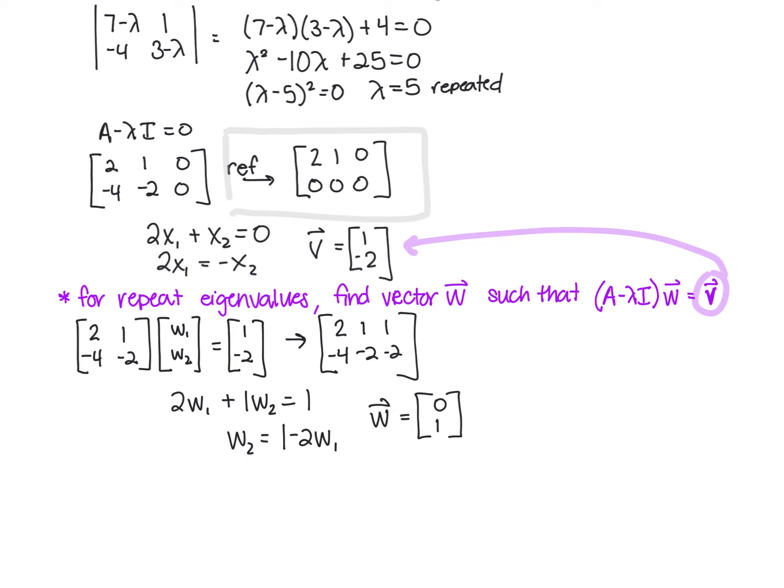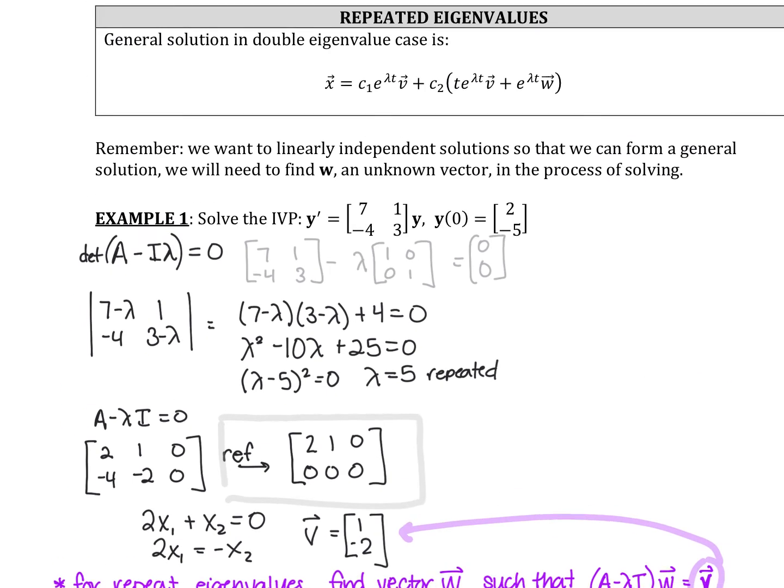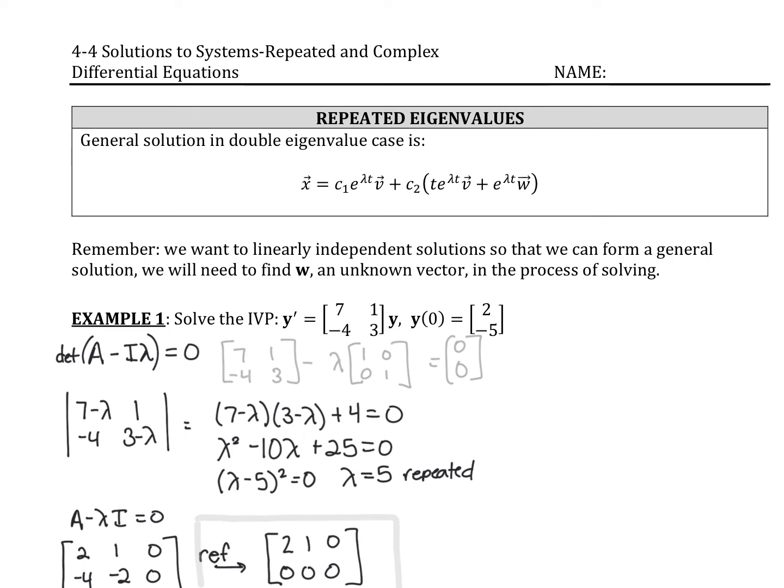Okay, so here's the notation for how we express our general solution for repeated eigenvalues. The solution is C1 e to the lambda t v, that was our first vector, plus C2 times, you'll notice we're going to take that C2 and multiply it by t.